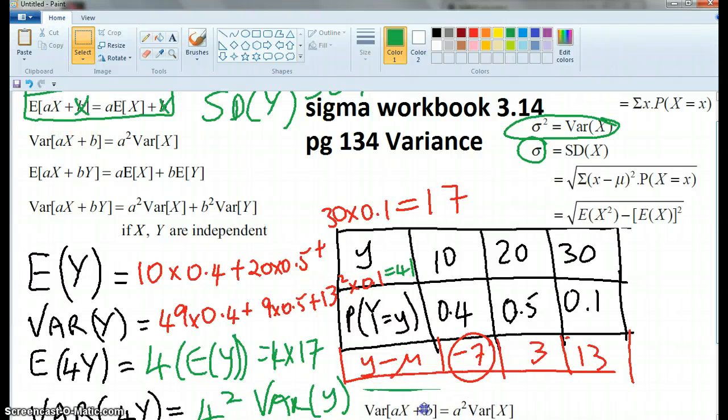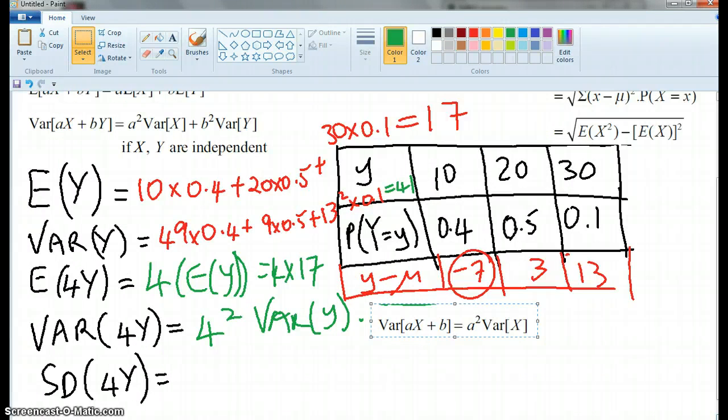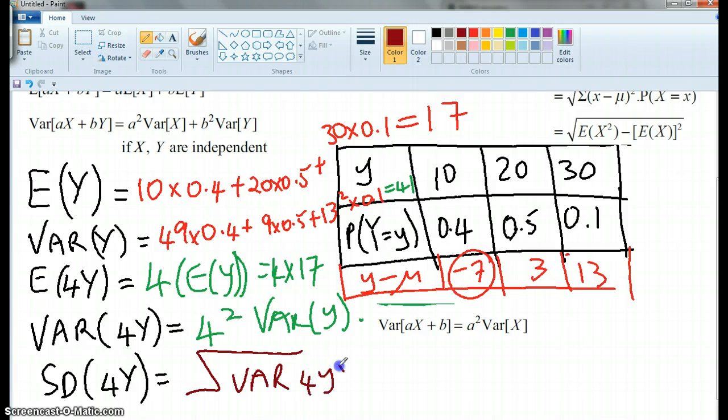Okay, let's just put that down here so we can see it. So you basically, your b is 0, a is 4, so it comes to the front and it's squared. Okay? Standard deviation of 4y is the square root of the variance of 4y. Okay?